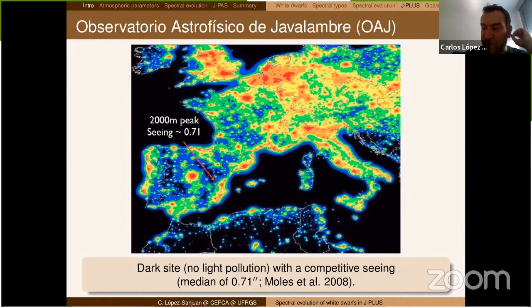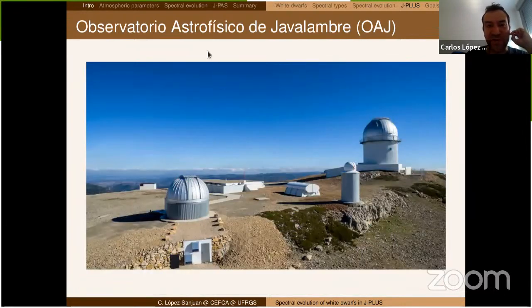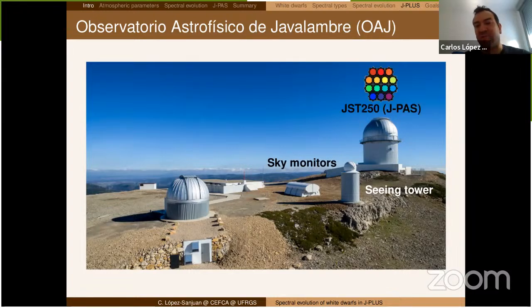Also, we have high mountains, and in one of them, we have a competitive site. So a decade ago, we constructed a new observatory, the Observatorio Astrofísico de Javalambre. You see here the photograph. We have different buildings: some sky monitors, a service tower, and a main dome in which we have a 2.5-meter telescope that is devoted to the J-PAS project. I will tell you about it later.